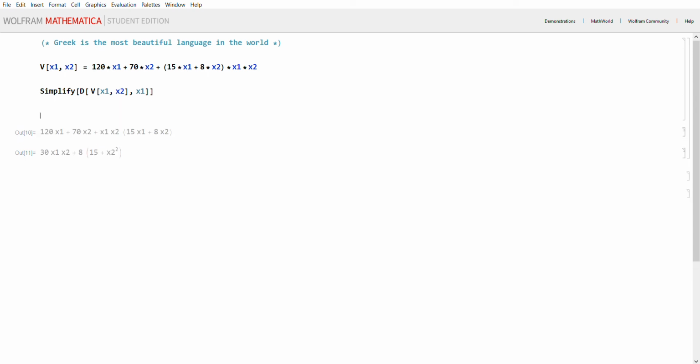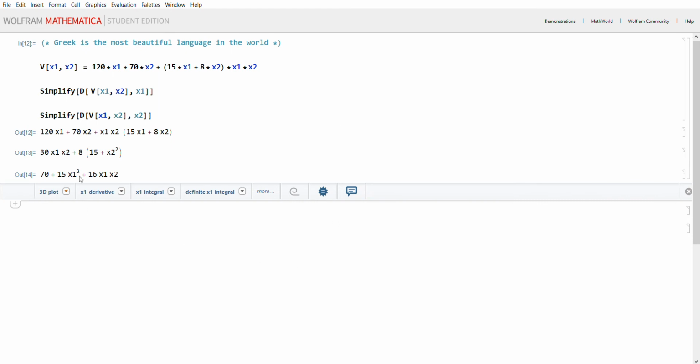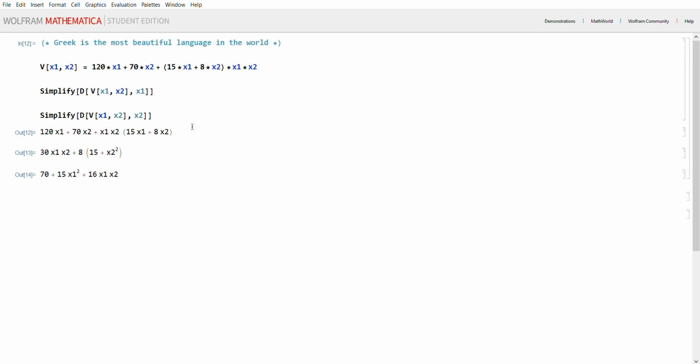Similarly, if you want to take the derivative with respect to x2, you would do D of V with respect to x2, and then you simplify all of this, because you guys are tired. Shift Enter. Okay, here you go. The next expression is the derivative for x2.